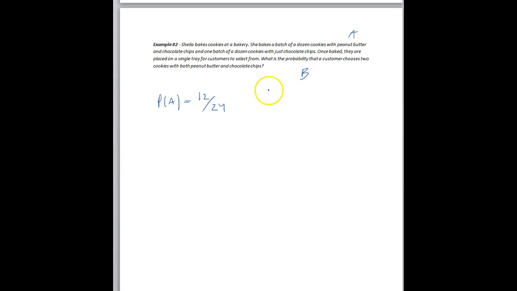So there's only 23 cookies left, and 11 of them are these A cookies. So it's 11 over 23. Then we multiply those together: 12 over 24 times 11 over 23. And we ultimately get 0.239.